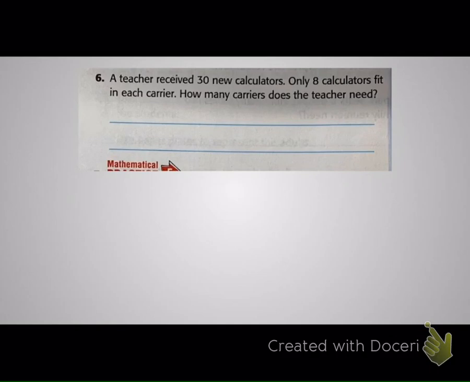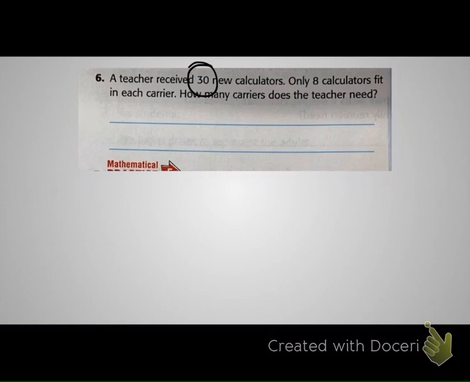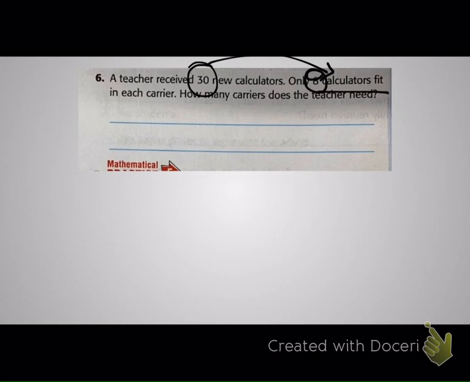All right, so if we have 30 calculators, and 8 are going to fit into each carrier, and they want to know how many carriers we can use. Well, let's go ahead and solve this, and then we can interpret this. So we have 30 new calculators, and there is 8 that fit into each of the carriers.